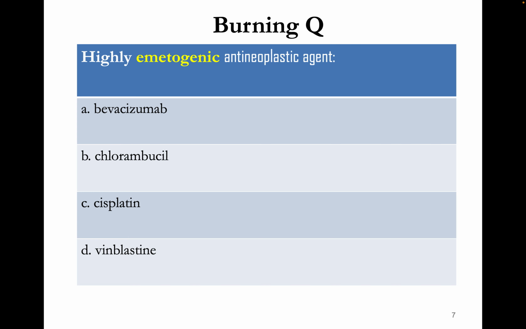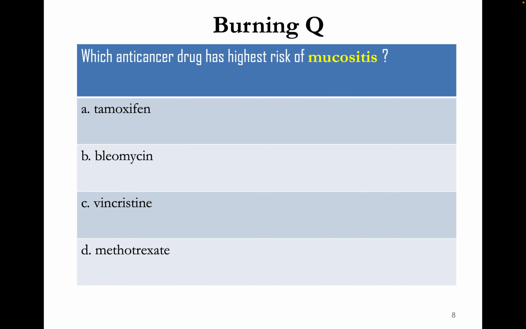All the other drugs have only less than 10% chances. Which anti-cancer drug has highest risk of mucositis? Tamoxifen, bleomycin, vincristine, or methotrexate? Of course, it is methotrexate. Methotrexate-induced mucositis is very common.